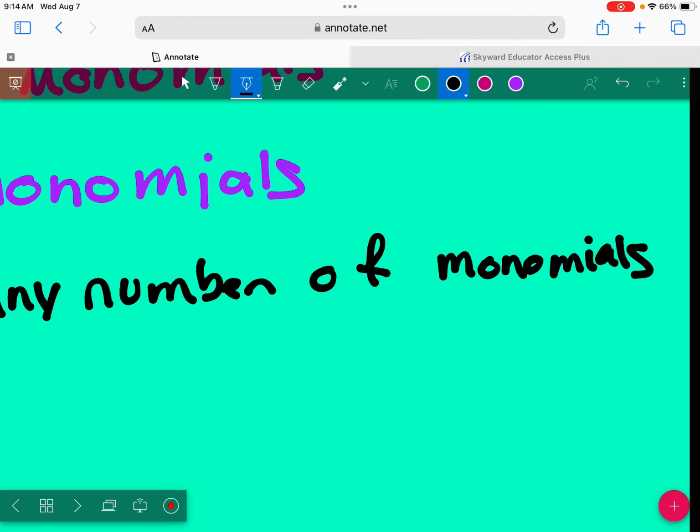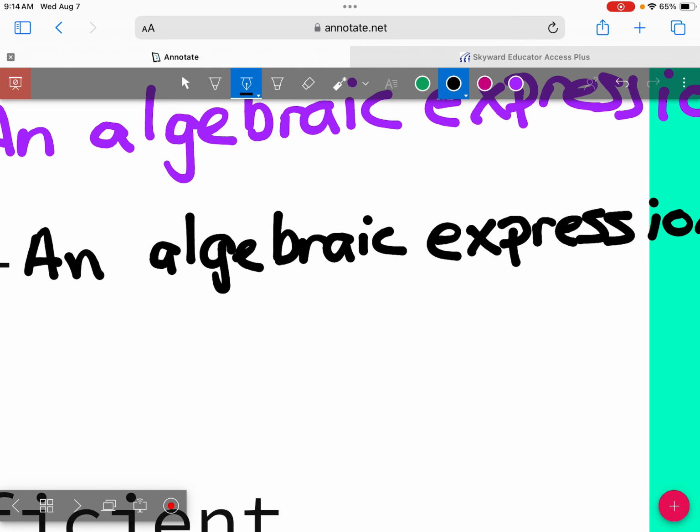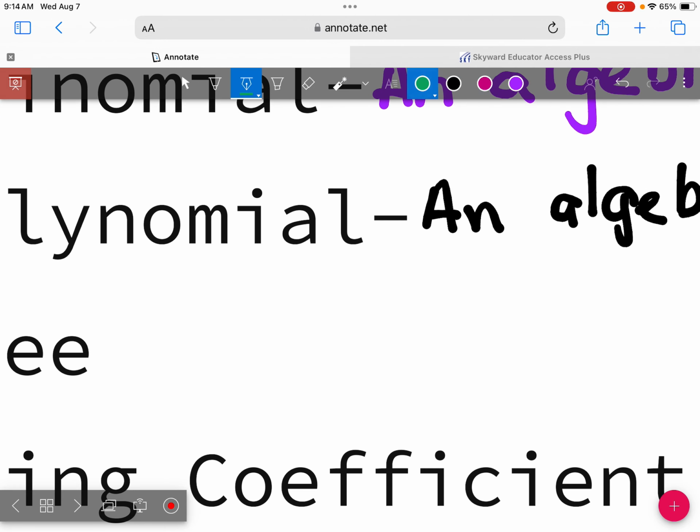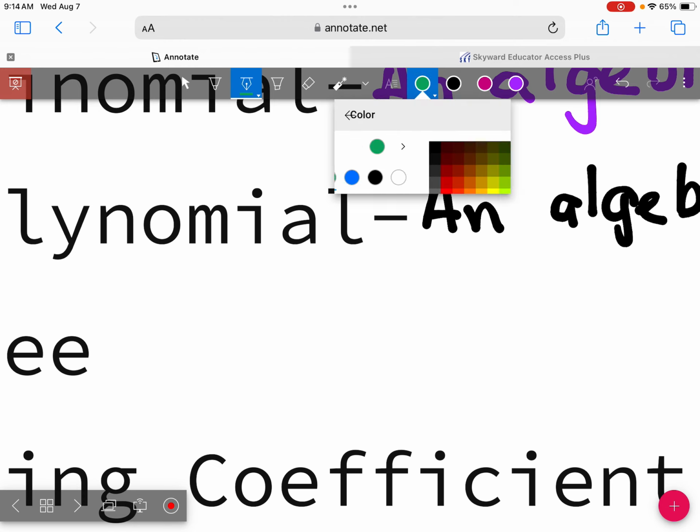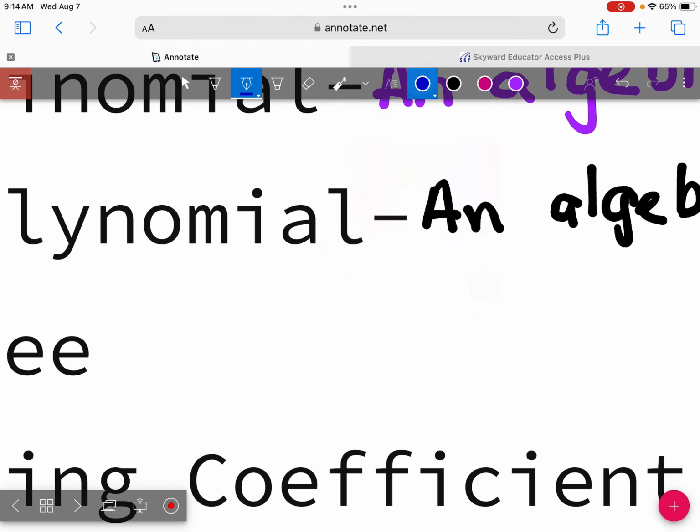And the degree of a polynomial is the highest exponent you have in any individual term. So the degree of a polynomial, I'm going to change colors. We're going to go back to pink. Actually, no, I'm going to get a dark blue. There we go.